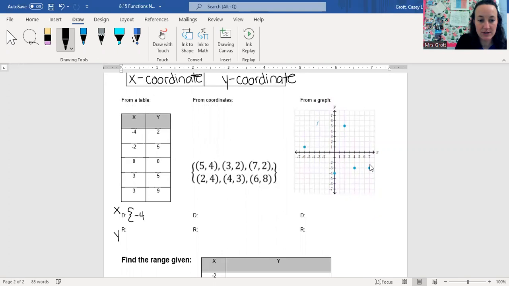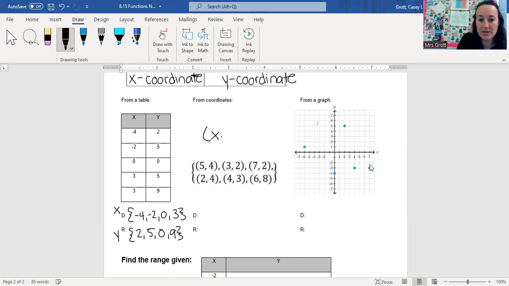I've got -4, -2, 0, and 3. Notice my x repeats twice. We only need to put it down the one time though. Range is going to be all my y values. So I've got 2, 5, 0, 5, but we already have that written down, and 9.